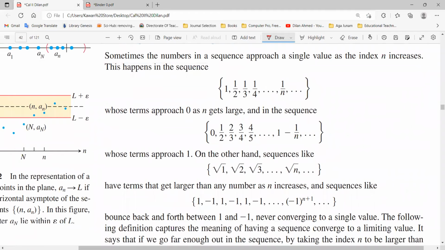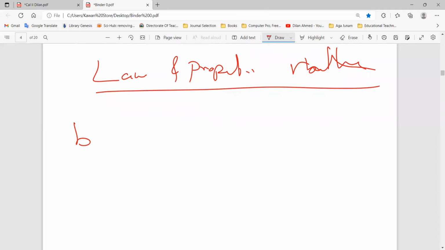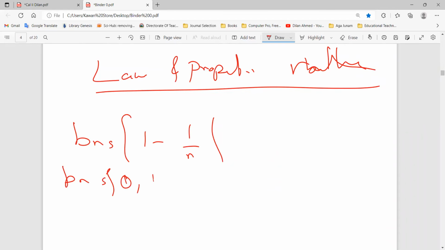how about that example, is it going to converge or diverge? If I take a limit here, I'll get what? Limit of 1 minus limit of 1 over n, infinity, 0, right? So the result will be what? For example, if Bn equals 1 minus 1 over n, Bn will be 0, 1 over 2, 2 over 3, and so on.